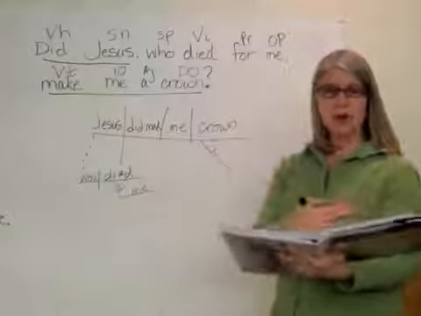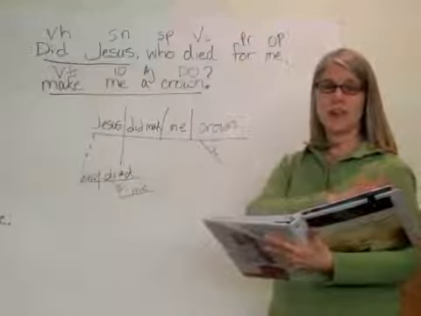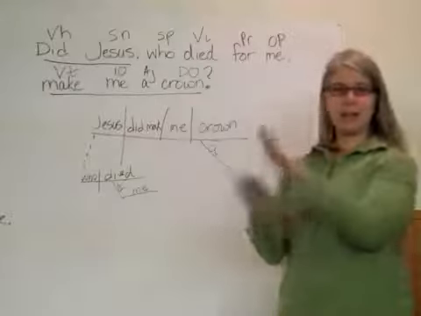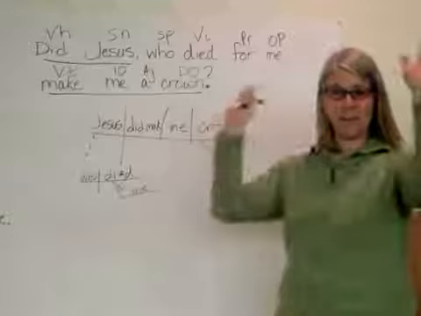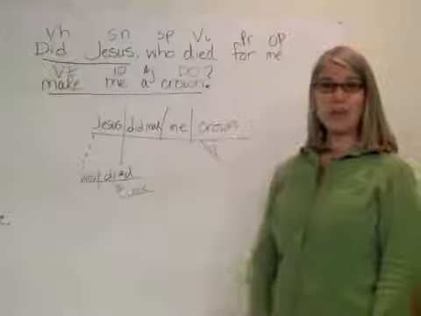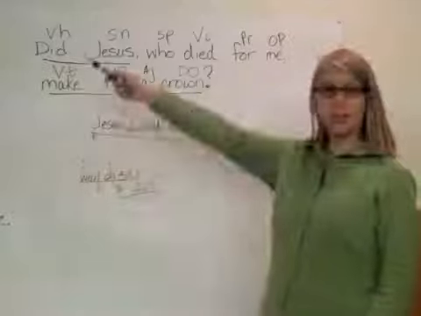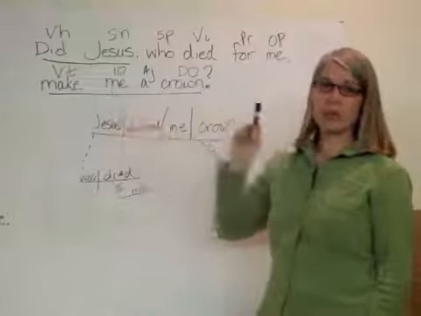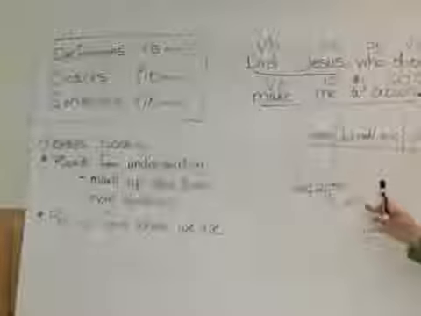But I wanted to model for you how to take a sentence and go all the way through and then be done. File it away, put it in your binder, give everybody high fives, and move on to the next lesson. Tomorrow when you come back, go back over your definition. Spend 5 minutes saying your definition. Go back over your charts. Spend 5 minutes saying the new chart, 10 minutes writing out any chart.